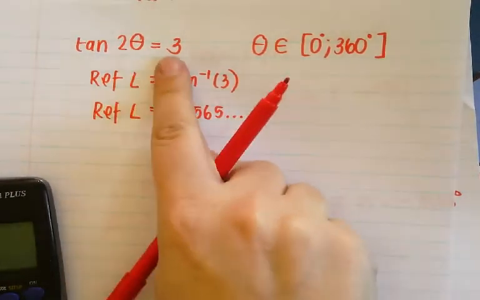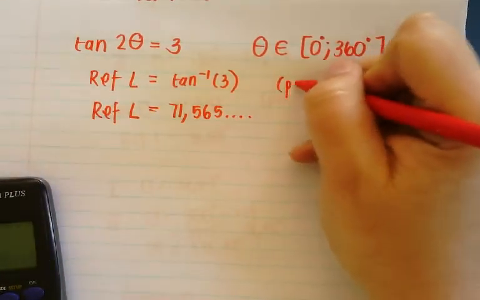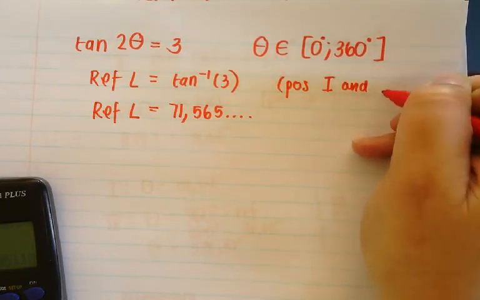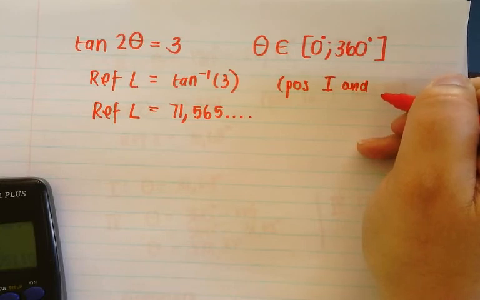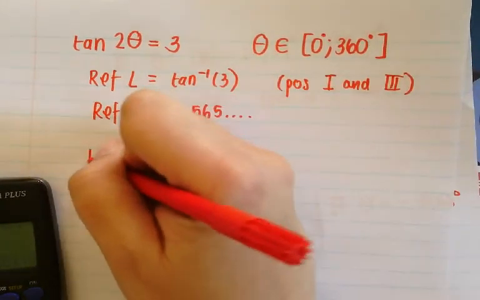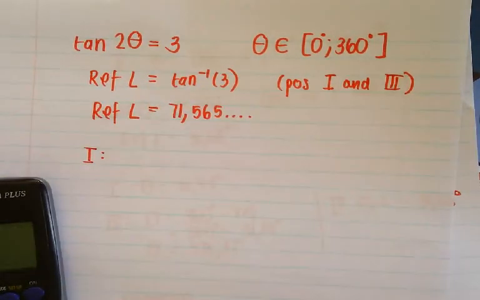Tan is positive in which quadrants? 1 and 3. This is why you should draw your CAST diagram. So I know that I need to go quadrant 1. But now I'm not going to have theta equals 71,565.